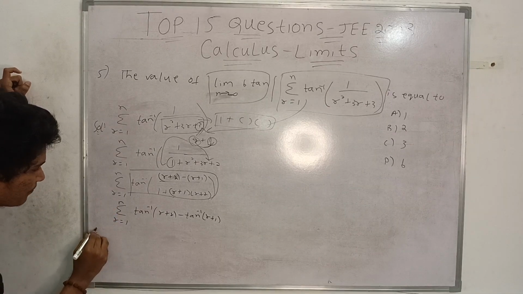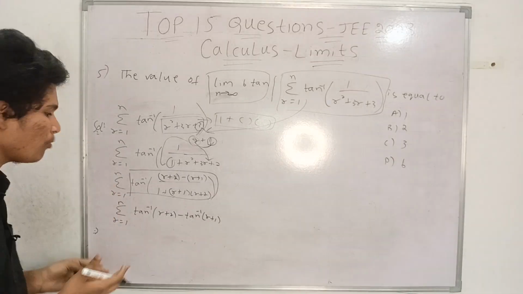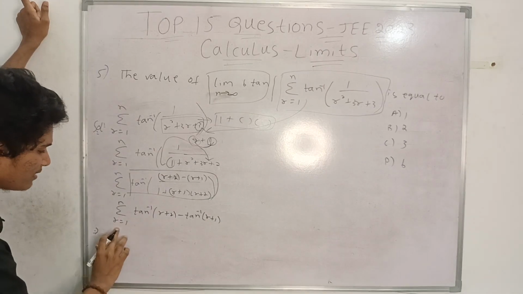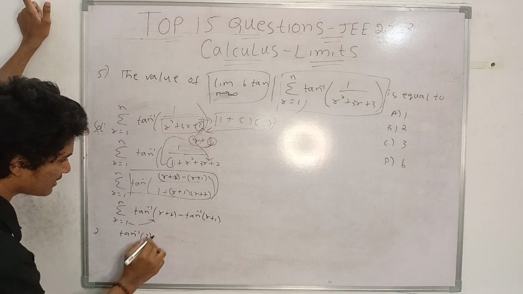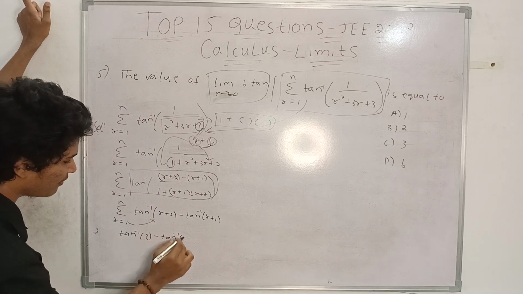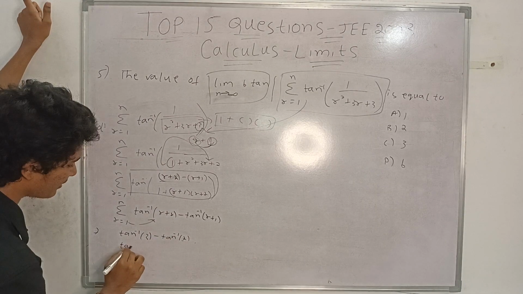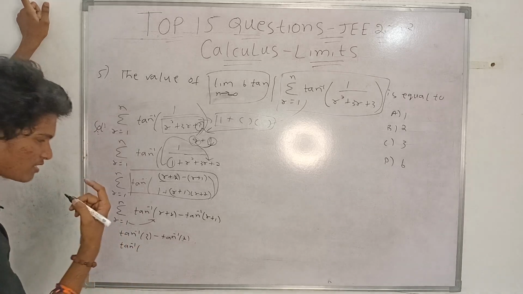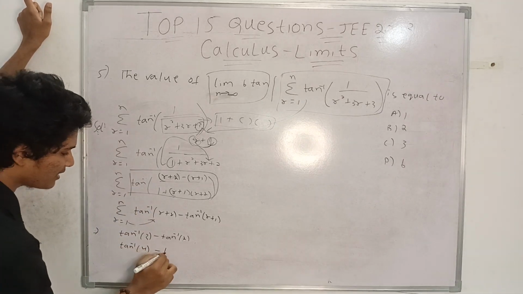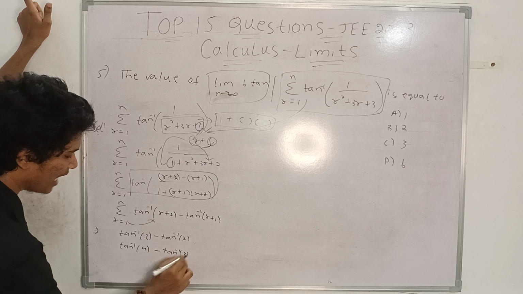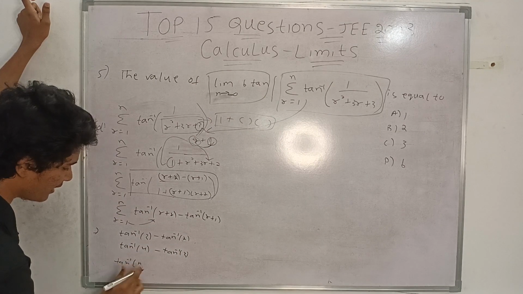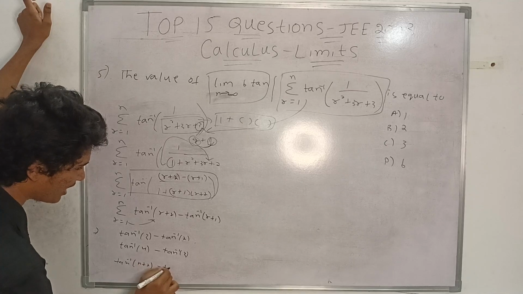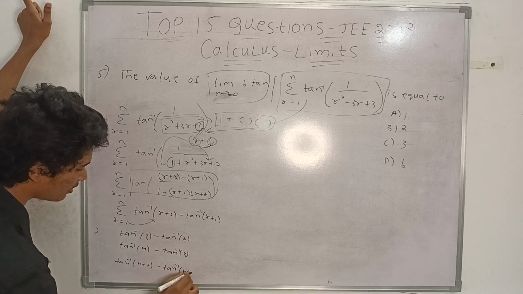Now we are solving. This is called the rainbow method. When r is equal to 1, it will become tan inverse of 3 minus tan inverse of 2. When we substitute 2, it will become tan inverse of 4 minus tan inverse of 3. And when I substitute n, it will become tan inverse of n plus 2 minus tan inverse of n plus 1.